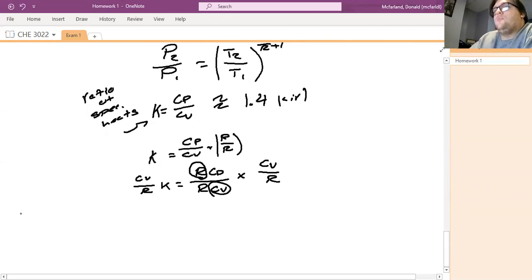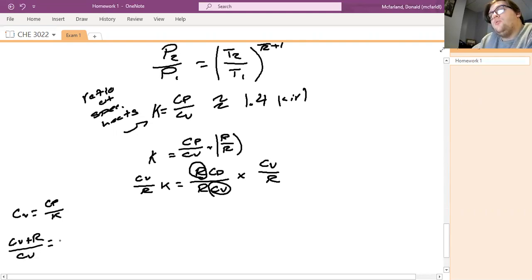And now comes the fun part, because now we need to get CV and R in terms of K. So CV, easy enough, is just CP over K. R is going to be a little bit more complicated because, remember, K is CP over CV. And CP is just CV plus R. So you can say CV plus R over CV is equal to K.